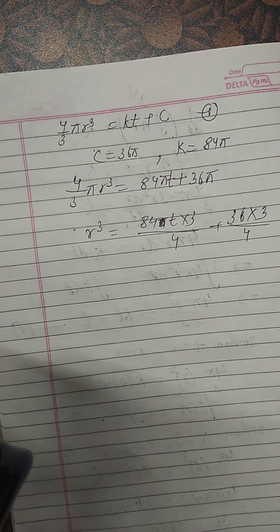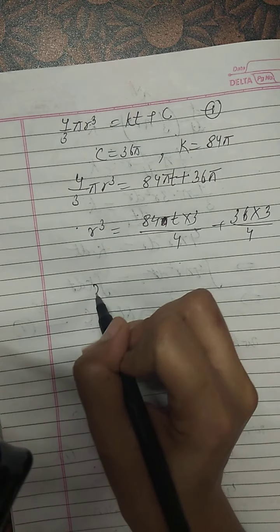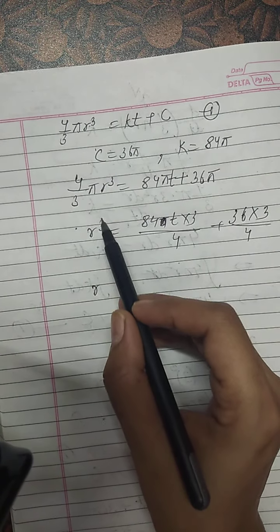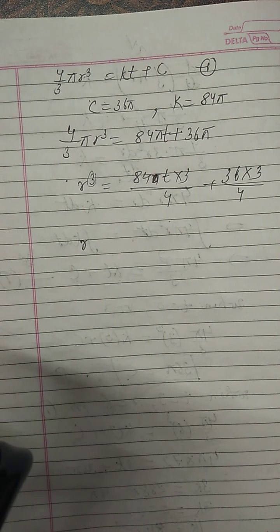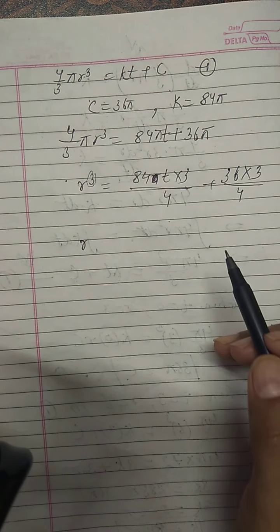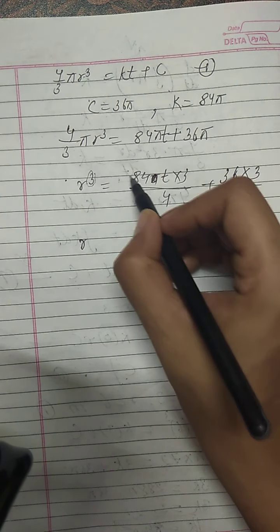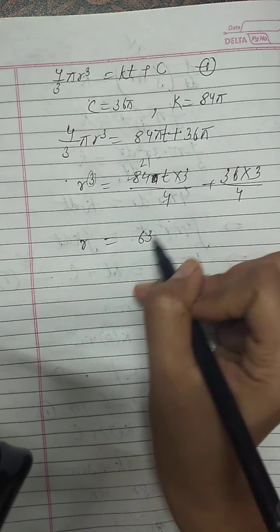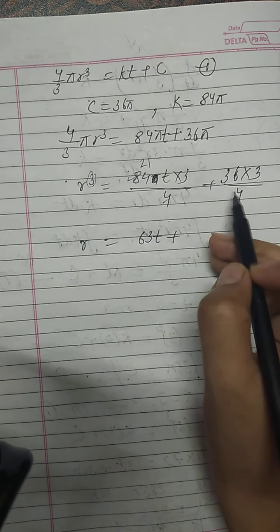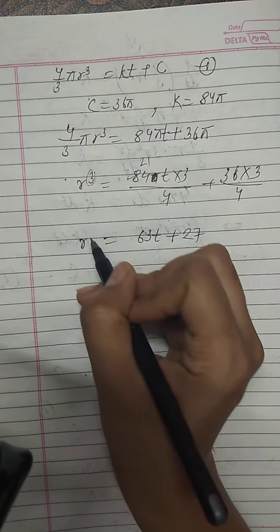I hope you people can do the calculation. I am leaving the calculation for you, but in the last step, the power 3 you have to take to the right hand side and it will become cube root, whatever answer is coming. Actually it is almost done only. So 21 into 3, it is 63t plus 27, r cube.